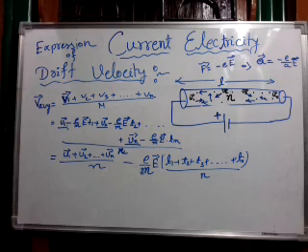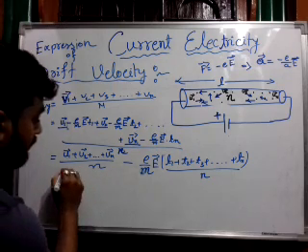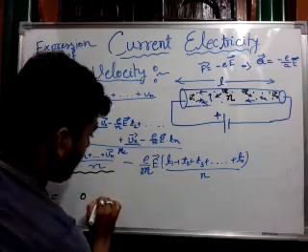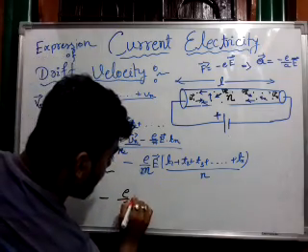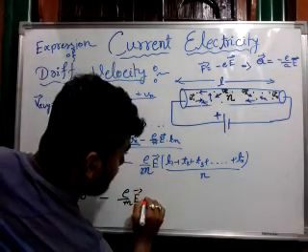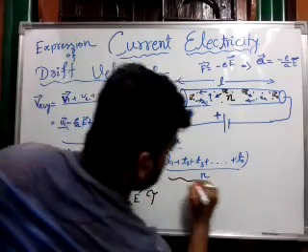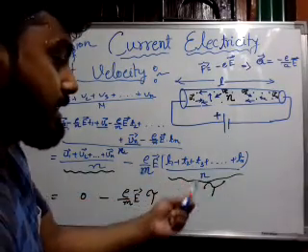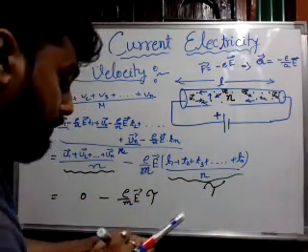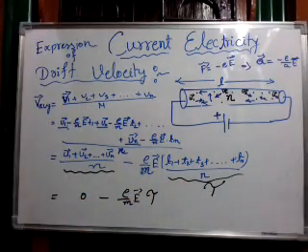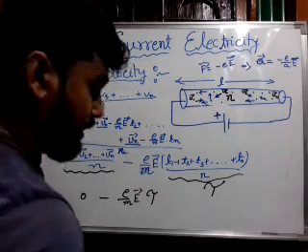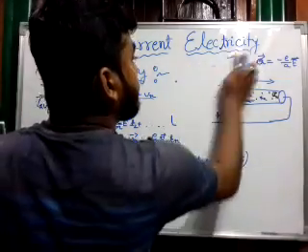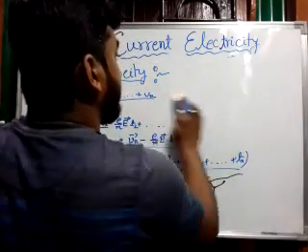Clear? This value comes 0, minus e by m E vector into tau, and this is denoted as tau. Tau is called the average time, that is, the relaxation time. Clear? That is the ultimate equation of drift velocity. What is the ultimate equation of drift velocity?